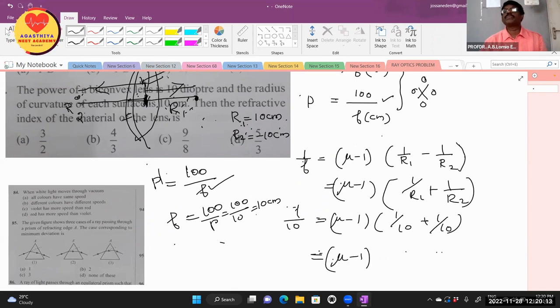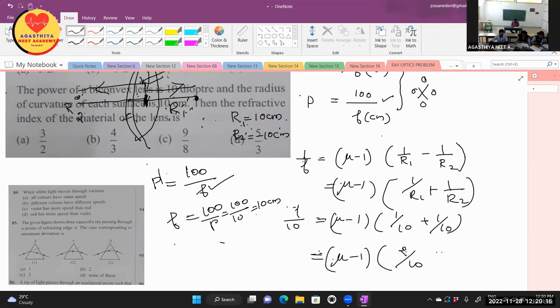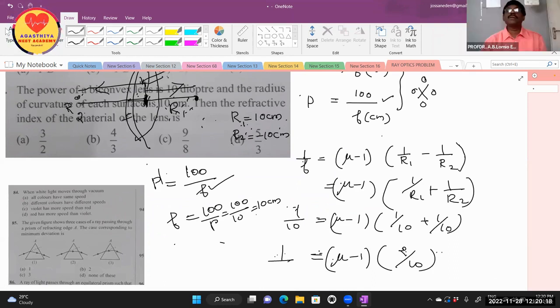Mu minus 1 times 2 by 10. This one is 1 by 10. On both sides the denominator 10 cancels.